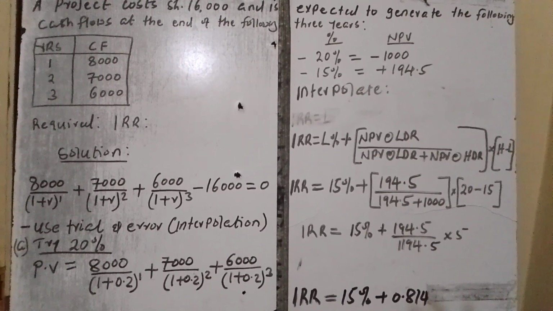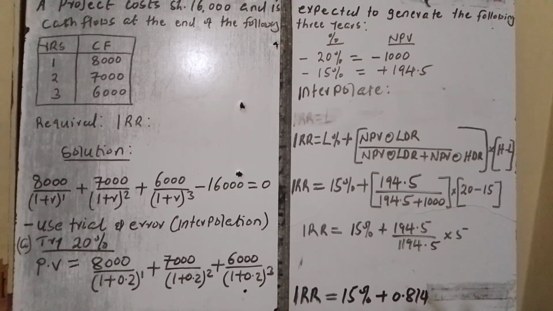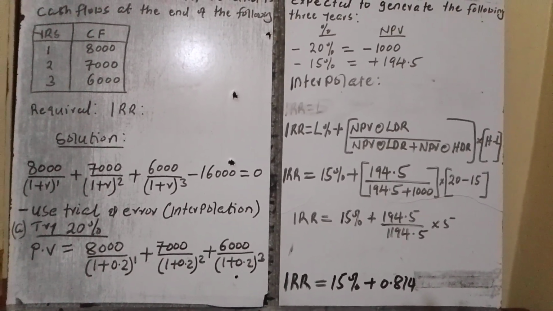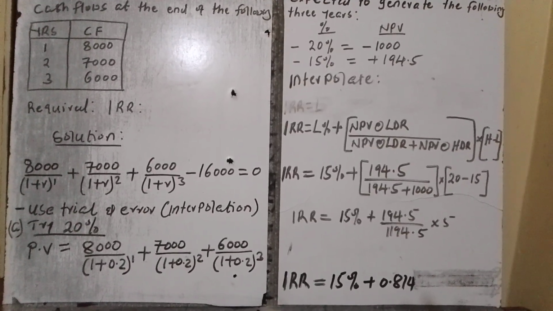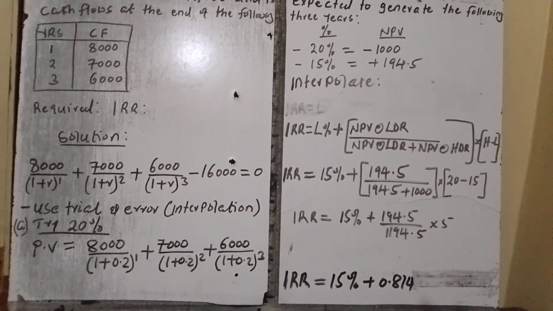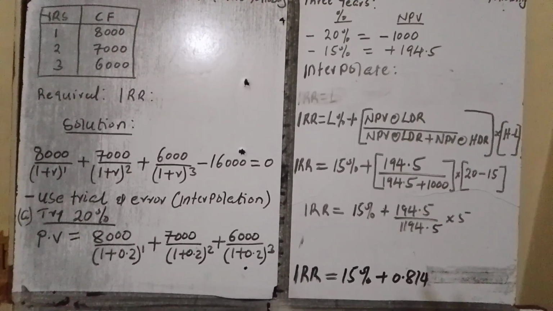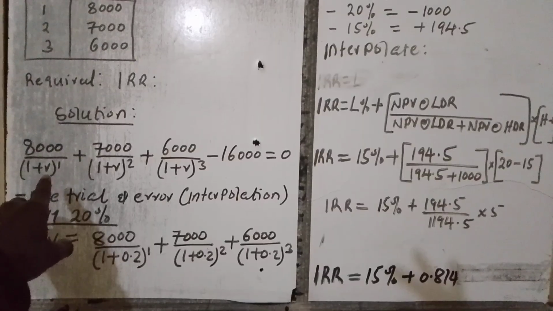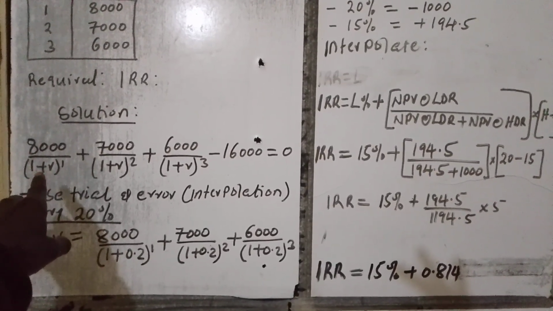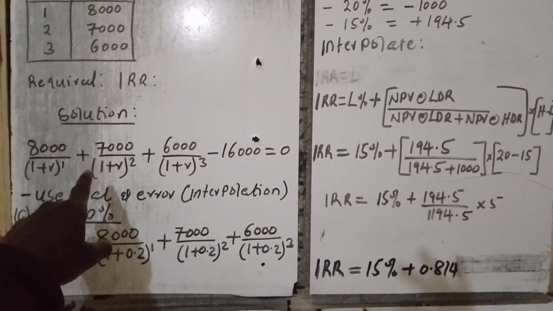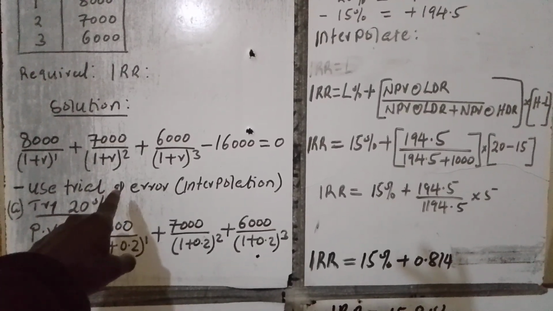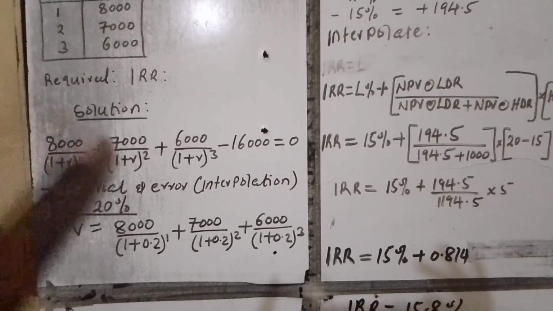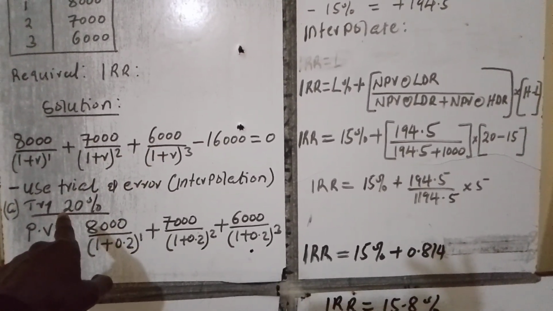So you use the trial and error method known as interpolation. Pick any rate. In my case, I have picked 20%. So if I pick 20%, I'll be substituting my R here with 20%. I'll take 1 plus 0.2 raised to 1, 1 plus 0.2 raised to 2, and 1 plus 0.2 raised to 3, because I'm saying I'll try 20%.